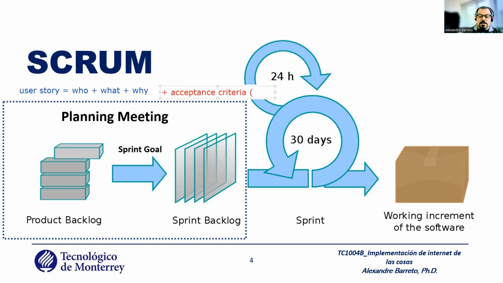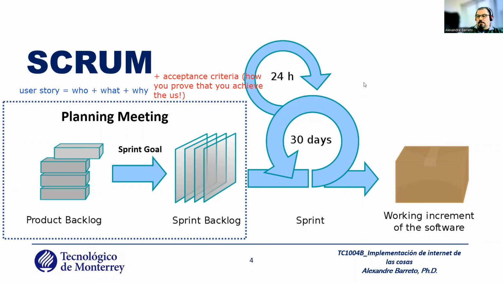Acceptance criteria is how you prove that you acquire the user story. How do you prove that you acquire the user story? That is what an acceptance criteria is.